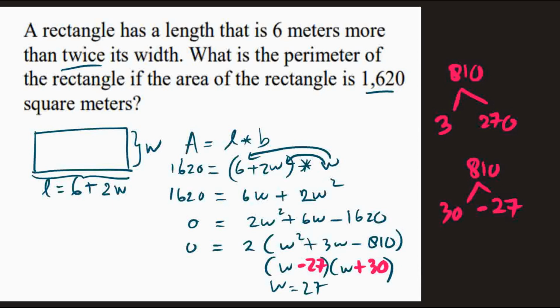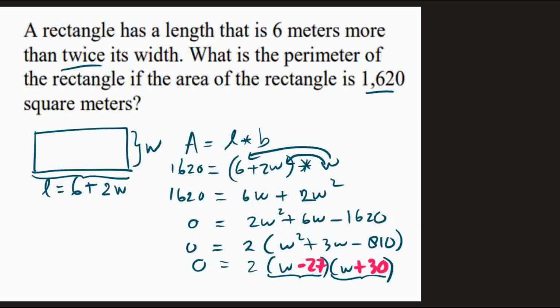If this is equal to 0, so this is our factorization. Now this equals to 0, or this part equals 0. Now we're done with that.